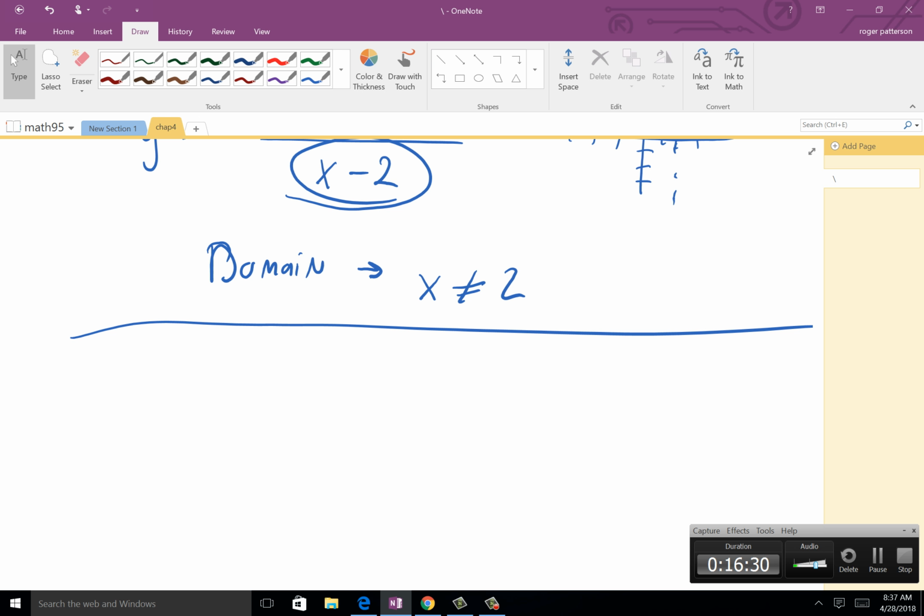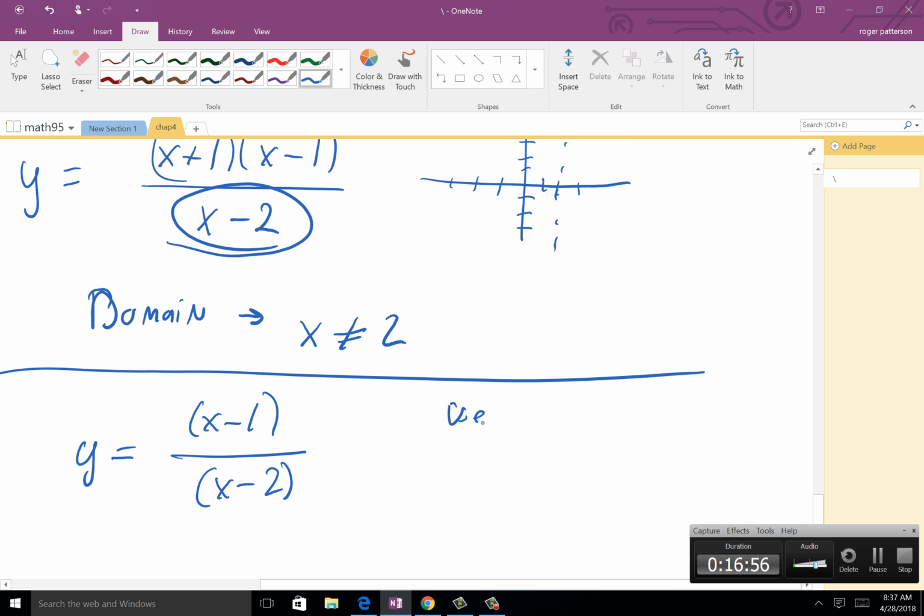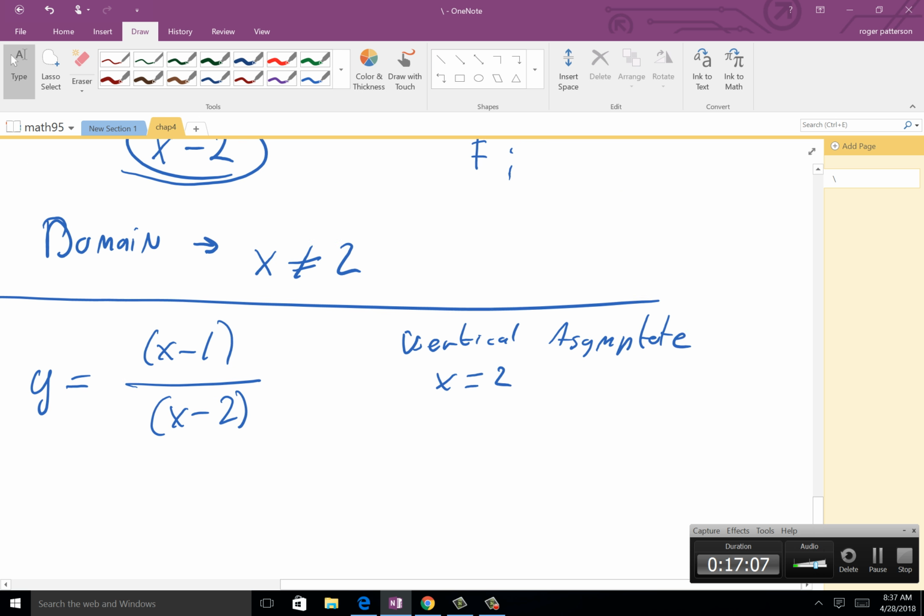So vertical asymptotes, horizontal asymptotes. If we have one that's like this, vertical asymptote x equals 2, horizontal asymptote y equals 1.